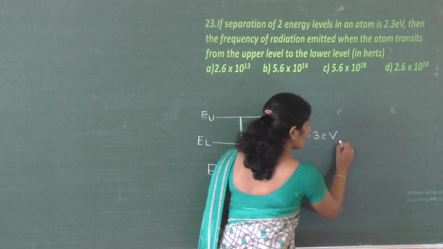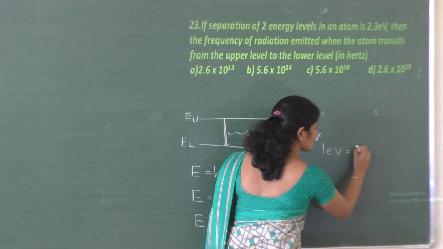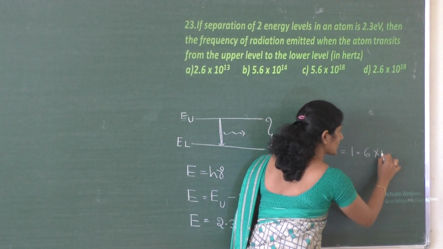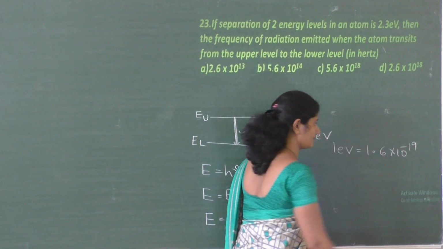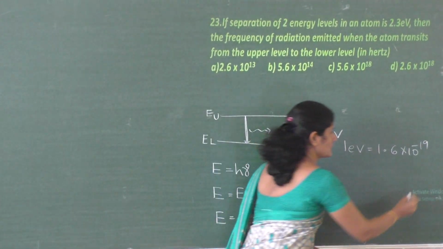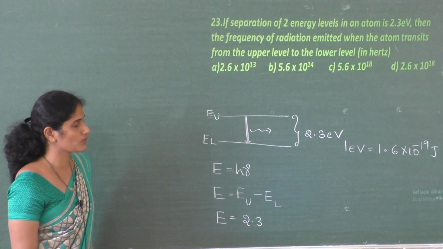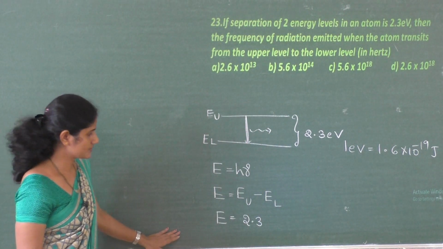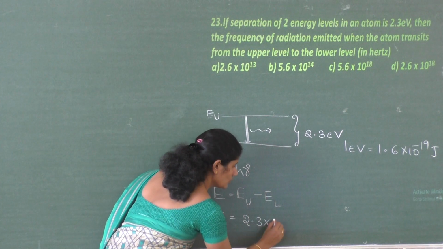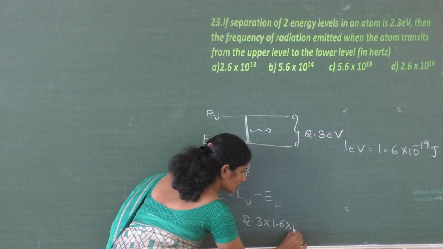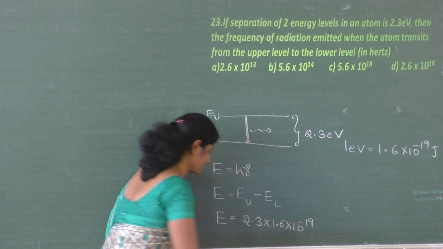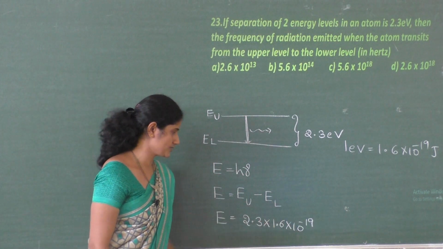We know that 1 electron volt is equal to 1.6 into 10 to the power minus 19 joules. So 2.3 into 1.6 into 10 to the power minus 19. Now the energy is in joules.